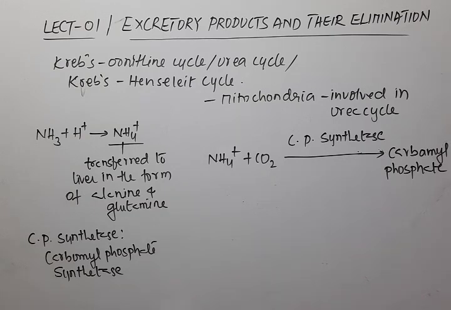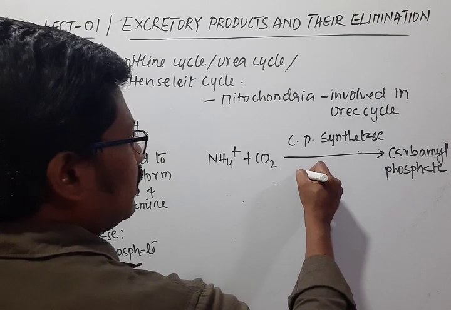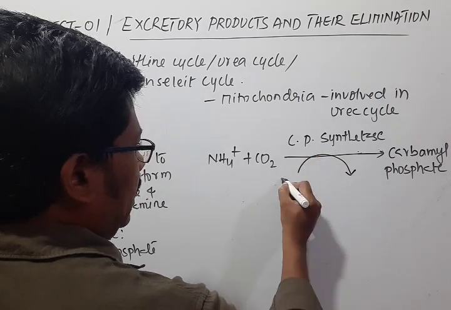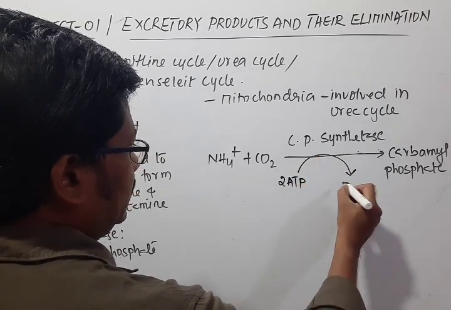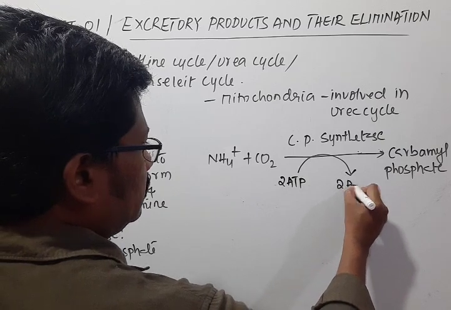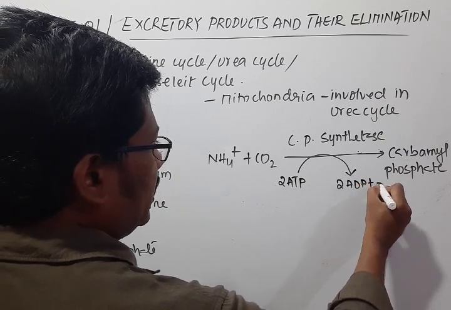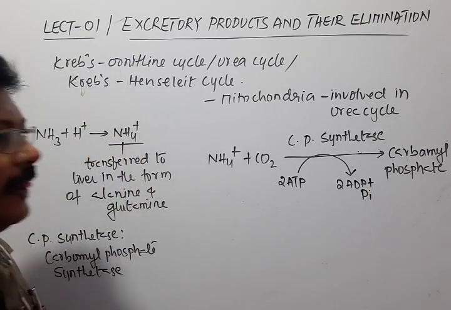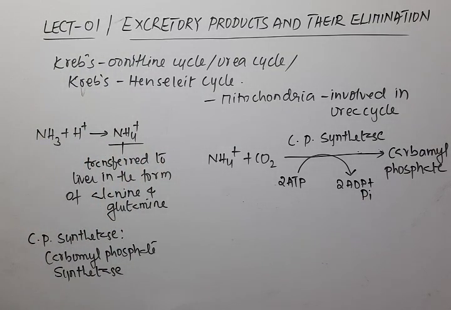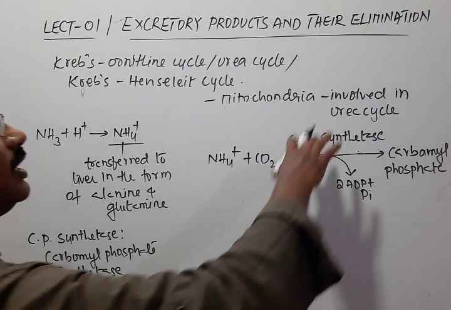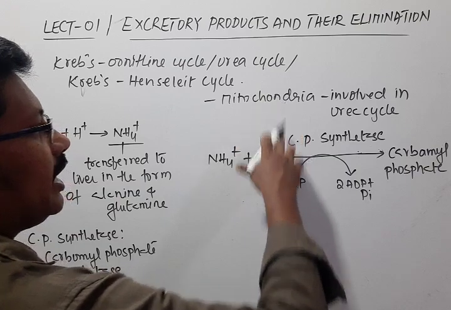During this reaction, two ATP molecules will be utilized, which become 2 ADP plus Pi. This reaction takes place inside the mitochondria.